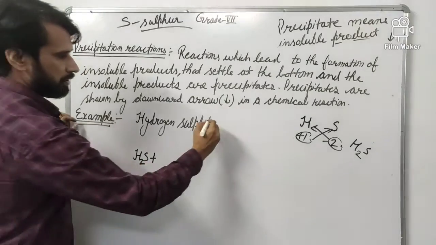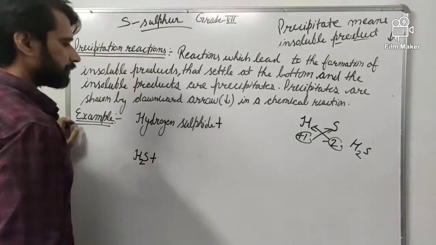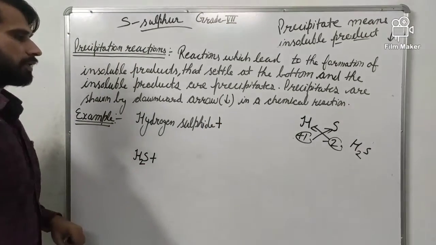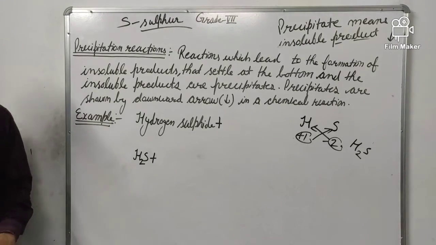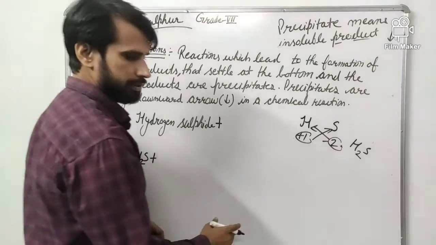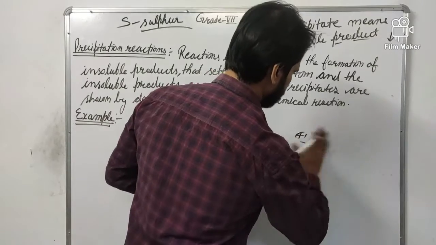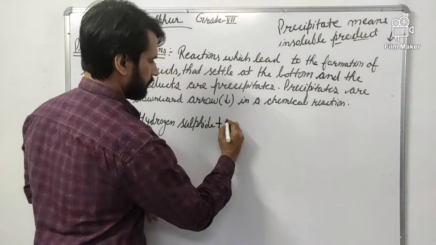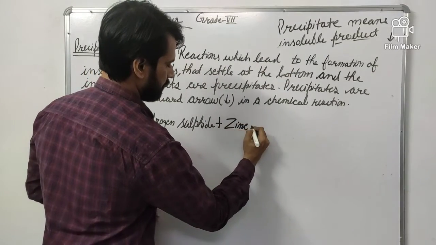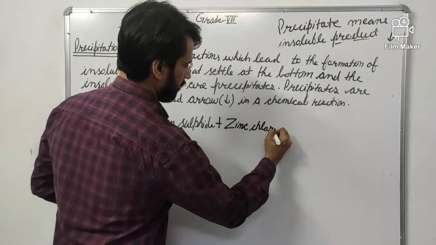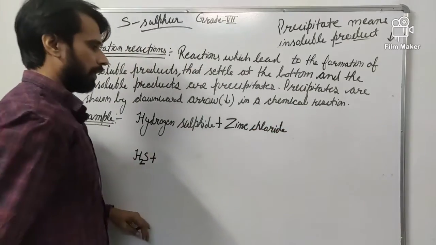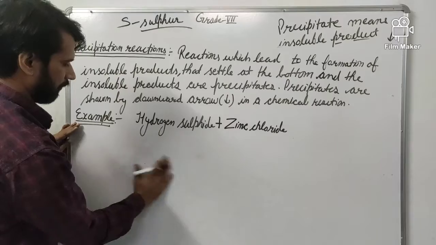Plus the second reactant is zinc chloride. Okay, the second reactant is zinc chloride. Now how will you write the formula of zinc chloride?